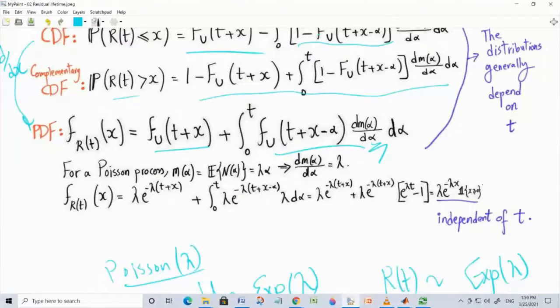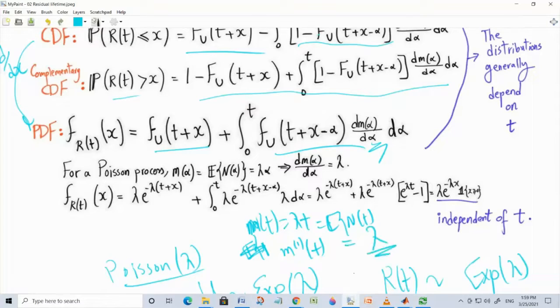Of course, in the general case, for a Poisson process, N of t has expectation lambda t, so the expectation of N, small m of t, is equal to lambda t. This is the expectation of N of t, and so the first derivative of the renewal function is just a constant, which is lambda.